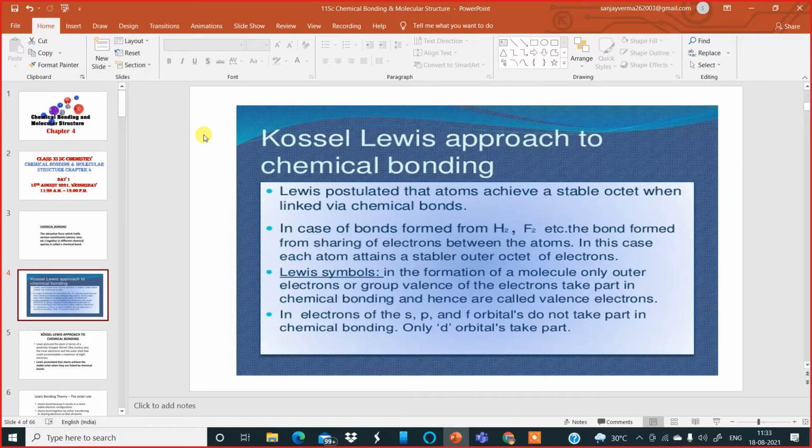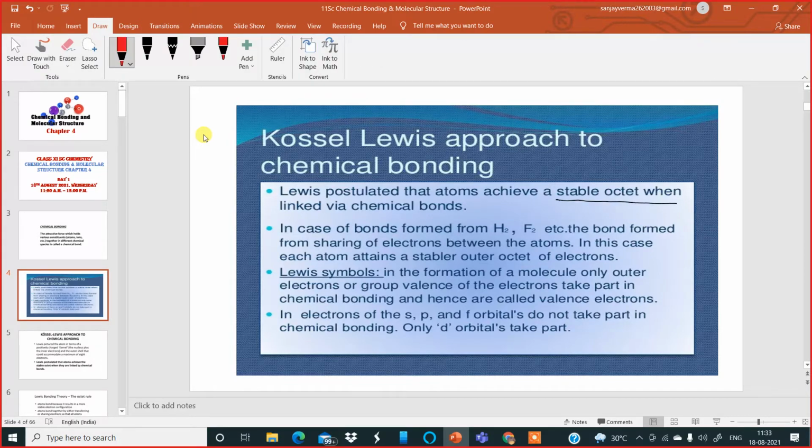The first point: Lewis postulated that atoms achieve a stable octet when linked via chemical bonds. If you link one atom to another atom, they link to each other by means of a chemical bond. So after forming a chemical bond, their octet is achieved. That is the postulate which Lewis has given.